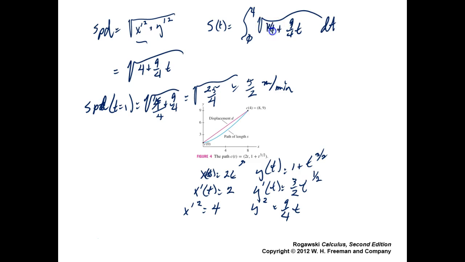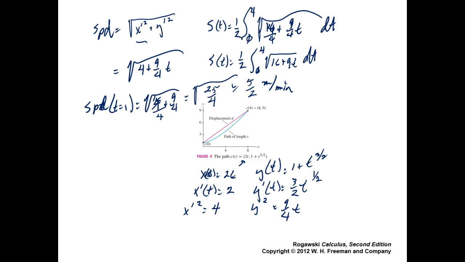So this is going to be 16/4. Factor out a square root of 1/4 and you get a 1/2. So let's pull that all the way out. So S is equal to 1/2 the integral from 0 to 4 of square root of 16 plus 9t dt.